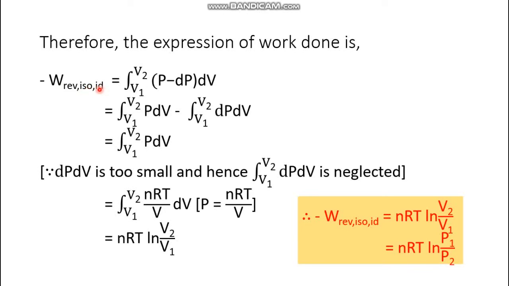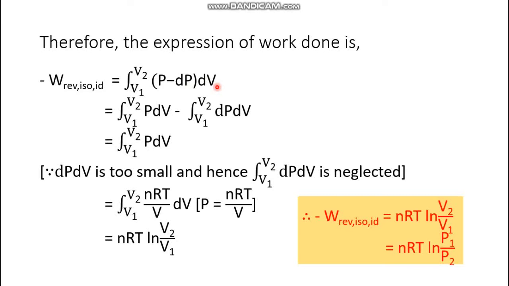So for an ideal gas, the work done in isothermal and reversible condition should be the integration, its lower limit V1, upper limit V2, and instead of external pressure you can write here P minus dP, because the gas has expanded just dP short of P into the volume change, which is dV.